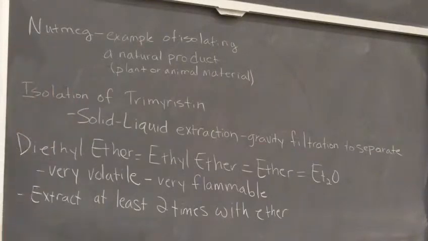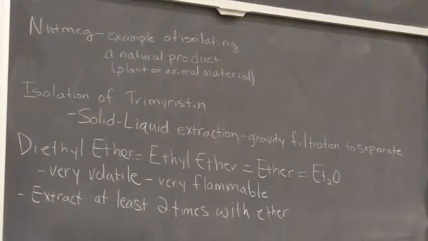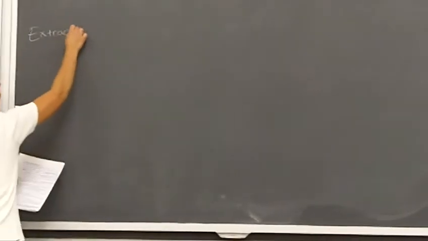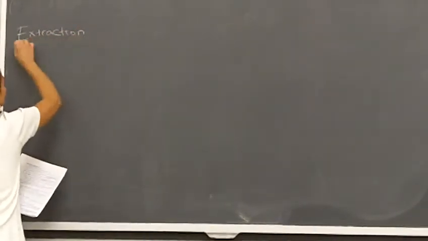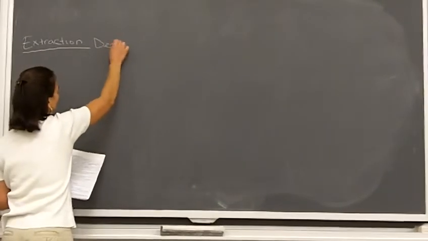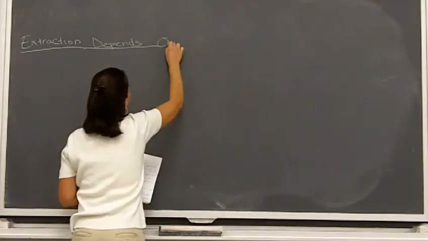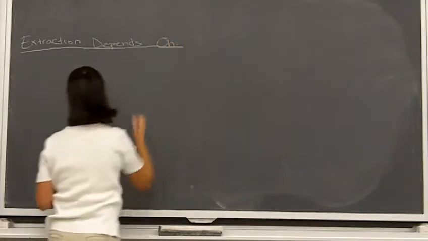So when we're looking at an extraction, and we're talking about a solid-liquid extraction, but a lot of this can be carried on to a liquid extraction as well, the extraction is going to depend on quite a few things for how successful it is.